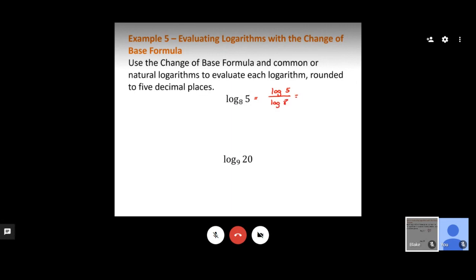Now we have a common log of 5 divided by a common log of 8. That we should be able to put into our calculator. It says here we want 5 decimal places. So now let's put that in the calculator. And what do we get to 5 decimal places?